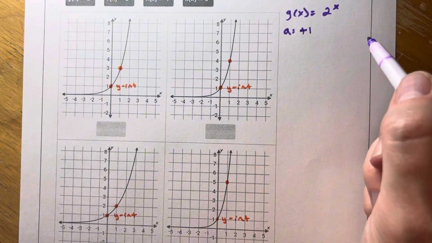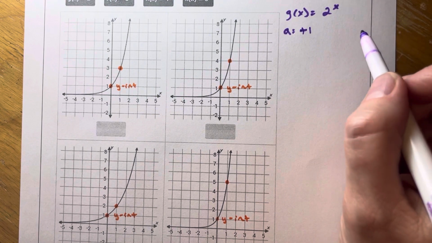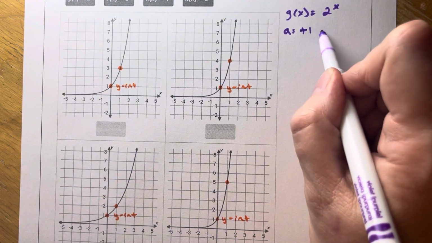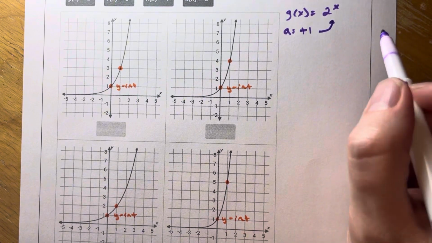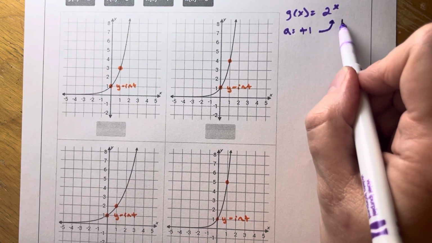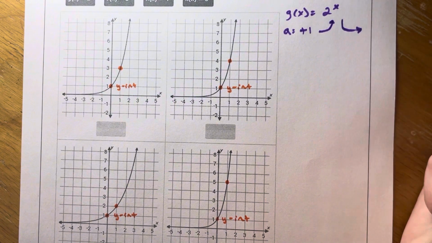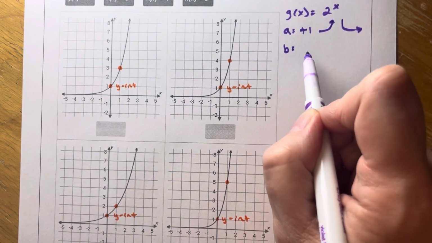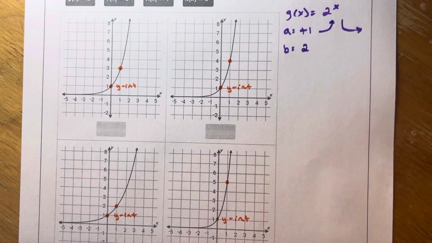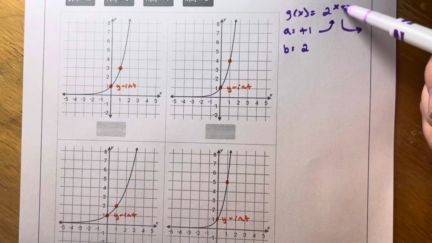So from the introduction, we saw that if a is a positive number, then our graph is going to be moving steeply upward to the right, or possibly just flattening out as we move to the right. So let's look at what b is. b is equal to 2, and b is always the number that has the exponent on it.